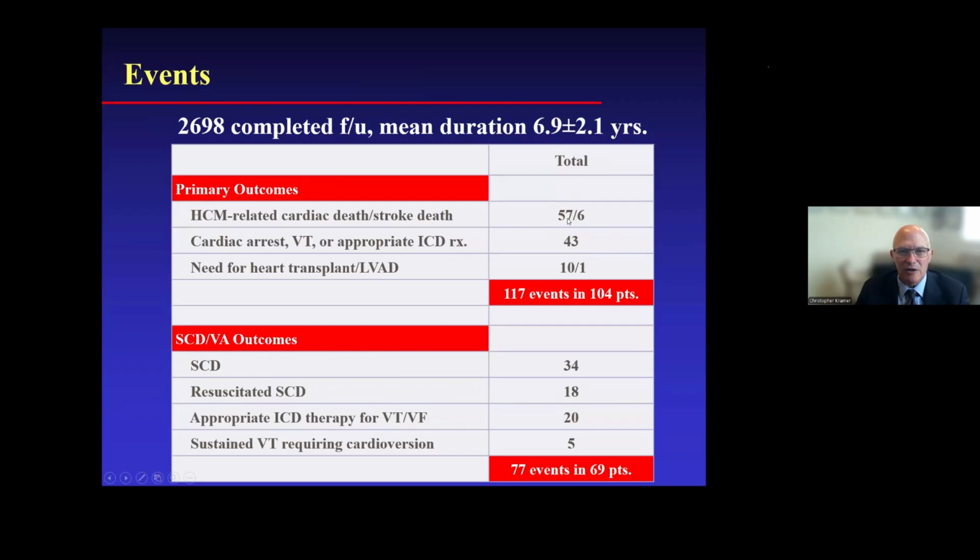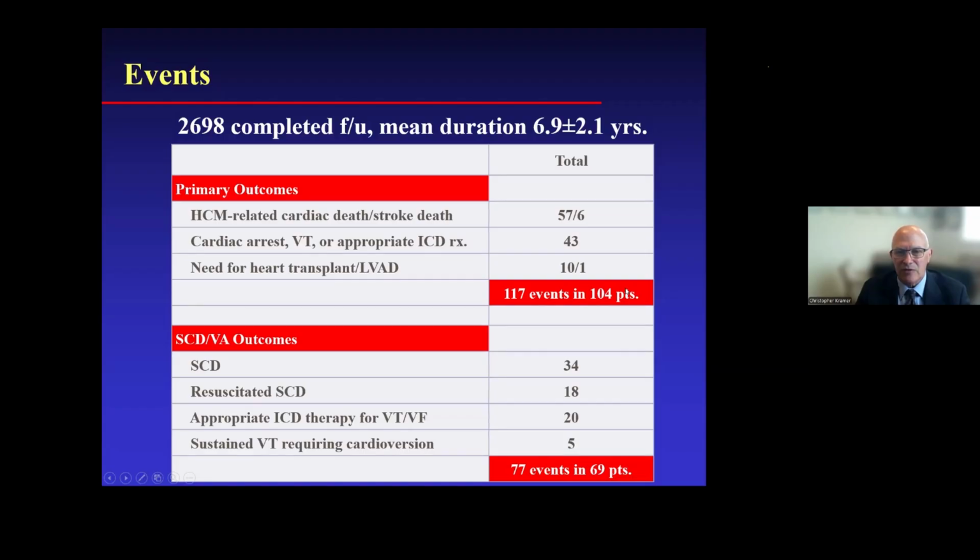You can see our primary outcomes at the top: 57 HCM-related cardiac deaths, 6 stroke deaths, 43 arrhythmic events, 10 heart transplants, and 1 LVAD placement. The arrhythmic events are sudden cardiac arrest, prolonged VT requiring shock, or appropriate ICD therapies.